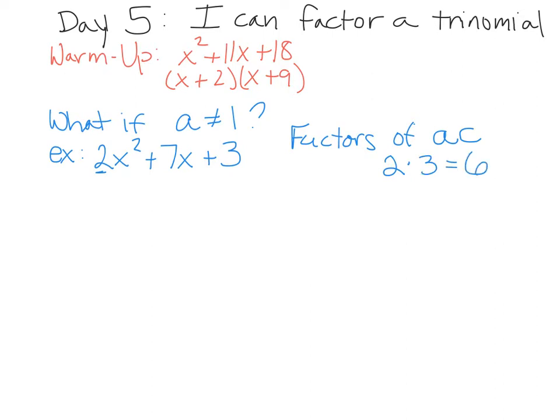Okay, so what are the factors of 6? 1 and 6, 2 and 3. That's it. Okay, factors of ac that add to b. Okay, well, the only ones that add up to b are 1 and 6.